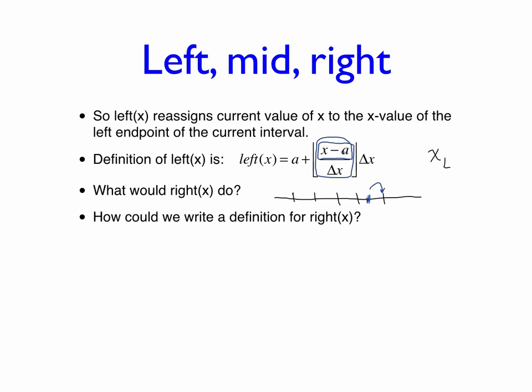So current value minus starting value, but what does that actually represent? Elena? Moises? Distance. So the total distance between the current value of x and the starting value of x.